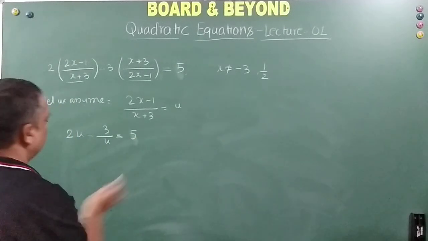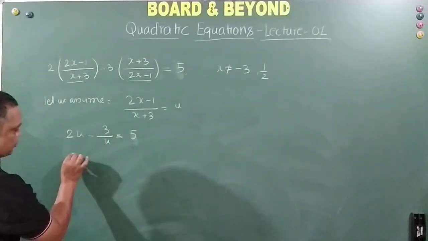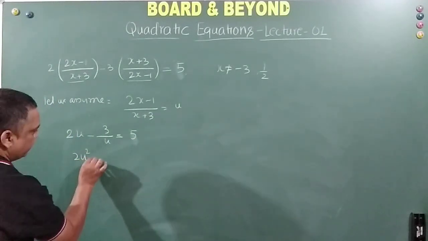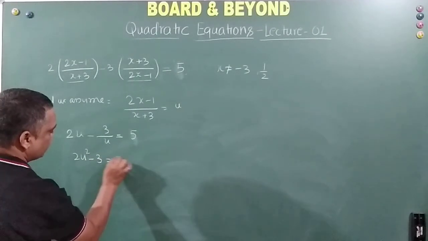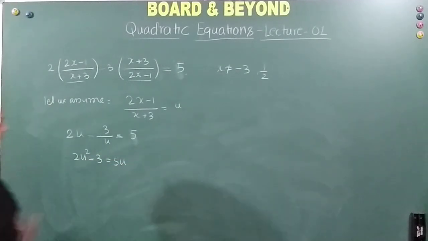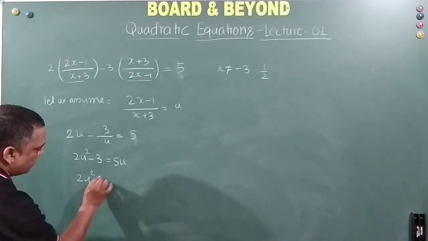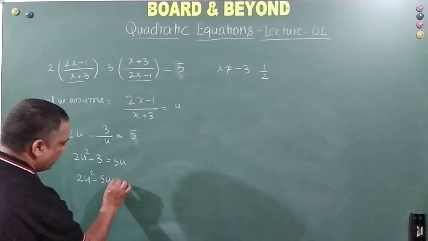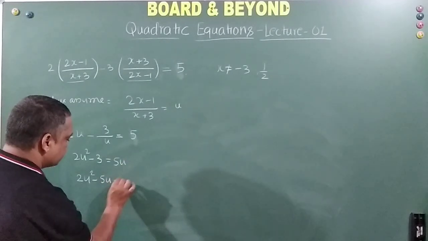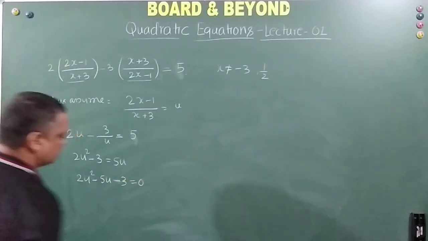Sorry, I made a mistake. So 2u square minus 3 is equal to 5u, after taking the LCM and cross multiplication. Which gives me 2u square minus 5u minus 3 is equal to 0.